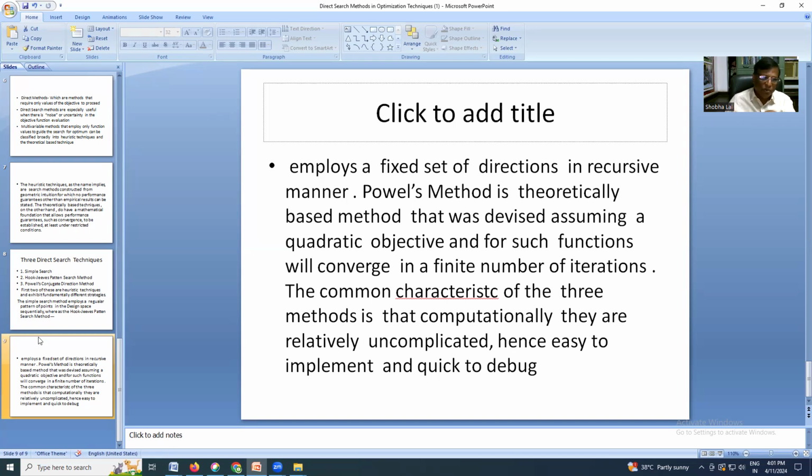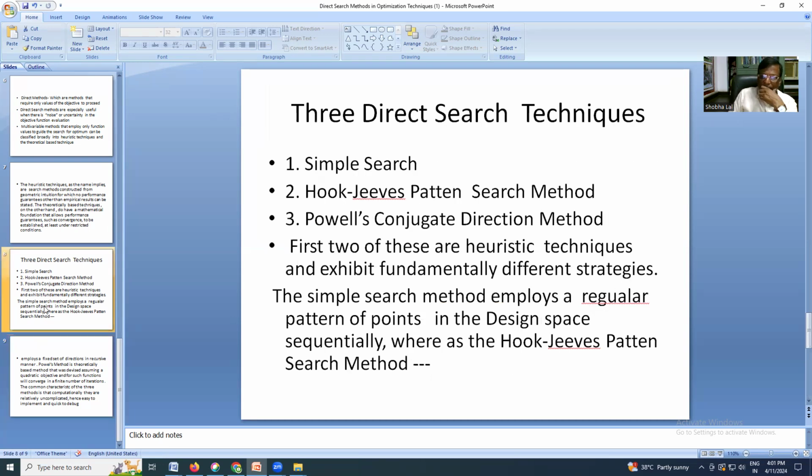For that I am again coming to the previous slide, and I am using this last paragraph of this slide. The simple search method employs a regular pattern of points in design space. A space means not universe. Formulated zone.